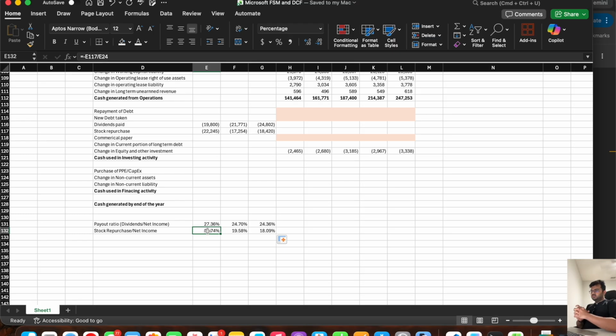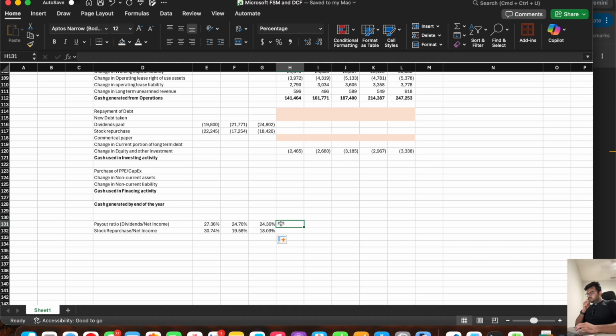Why I would take a look at it together is how much the company is returning back their earnings to the shareholders, either in the form of dividends, a quarterly dividend or an annual dividend, or stock repurchase by purchasing back the existing stock, they are increasing the equity value. So these two items are how much the company is giving back to the shareholders based on their total net income. So that's why I look at it in this way.